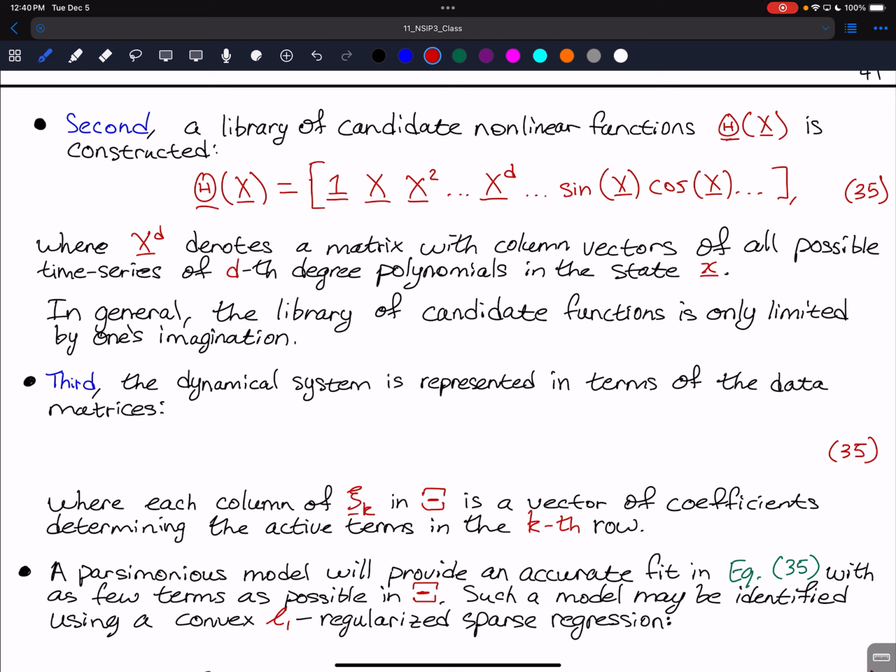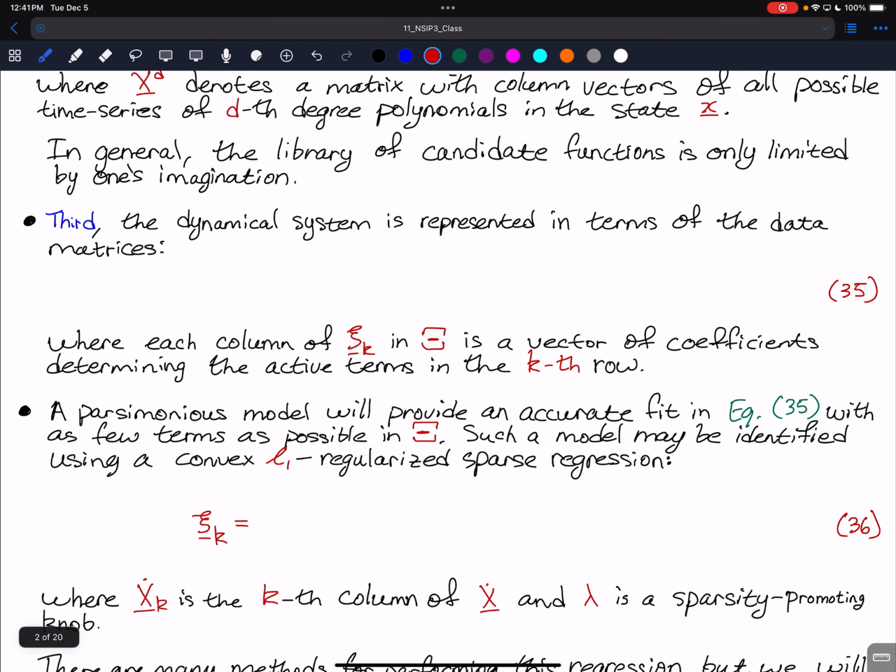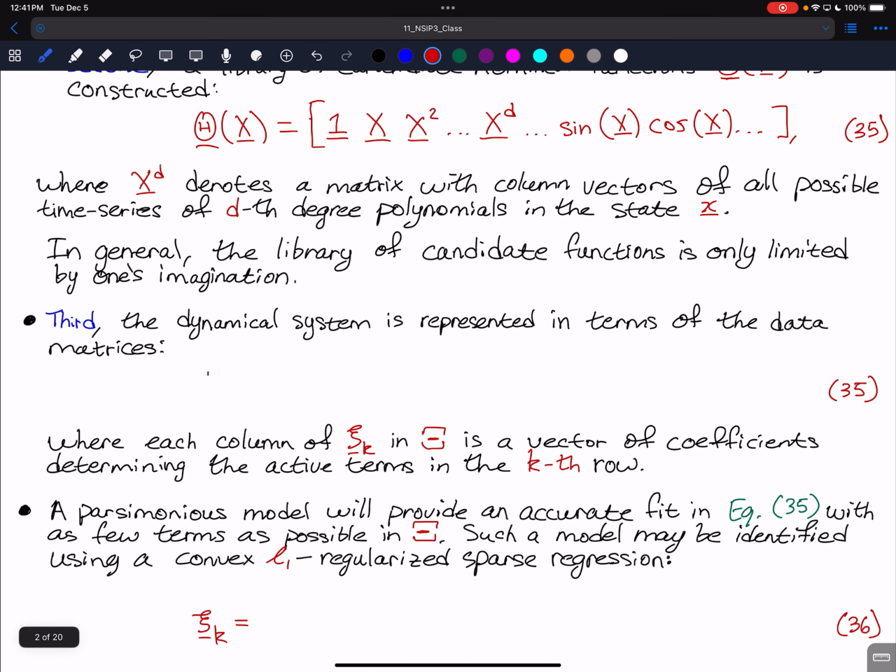Okay, so third, what we want to then do is express the dynamical system in terms of those data matrices. So that means that we'll have here big X dot is equal to that big Theta evaluated at this big X, so our library of candidate functions, times a matrix of values or parameters.